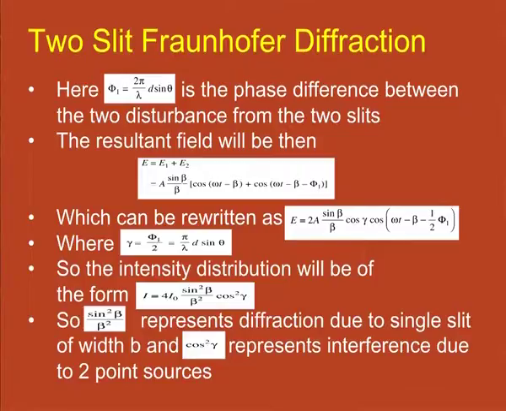So, the intensity distribution will be of the form I equal to 4 I0 into sin square beta by beta square into cos square gamma. Here sin square beta by beta square represents diffraction due to a single slit of width b, and cos square gamma represents interference due to the second point source.